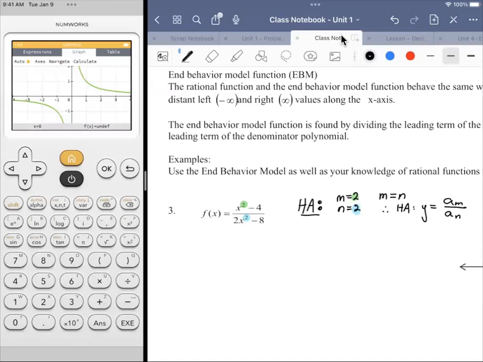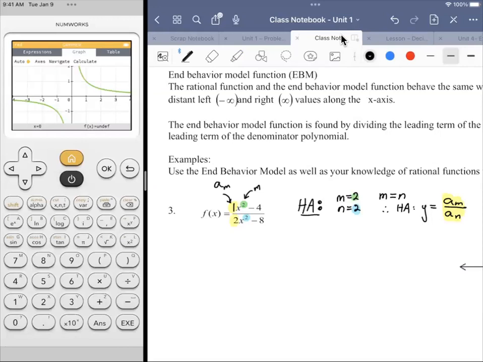On the previous page, I mentioned that those were the coefficients associated with the leading term on the top and bottom. So we have the understood 1 here. That 1, so the 2 is the m, that 1 is the a sub m. Right? We use a or letters early in the alphabet to represent coefficients or constants.